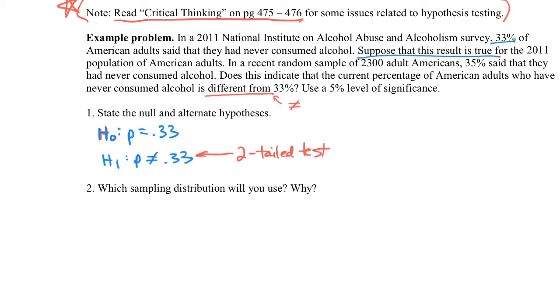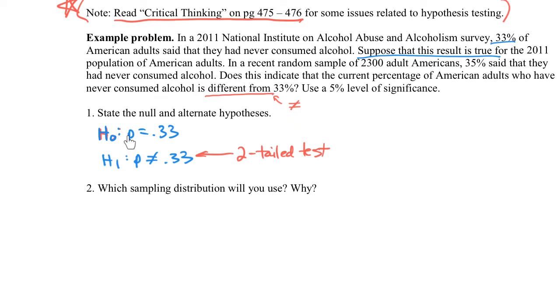Again, remember that P is the population proportion. We're always testing the population proportion, just like before we were testing the population mean, mu. So it's never going to be X bar here or here, and it's never going to be P hat here or here.